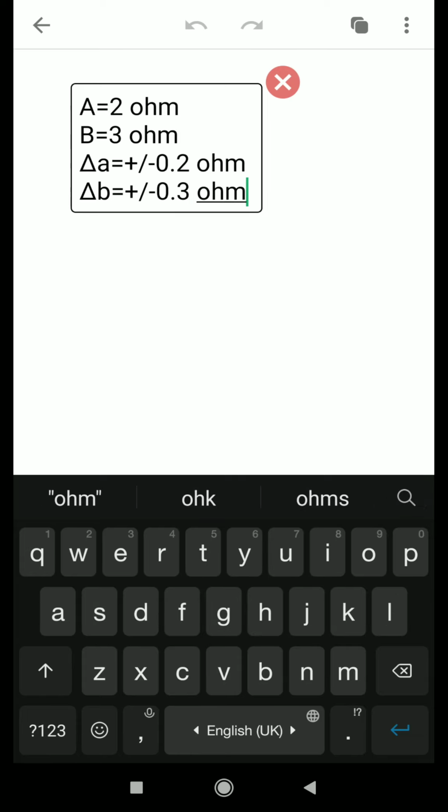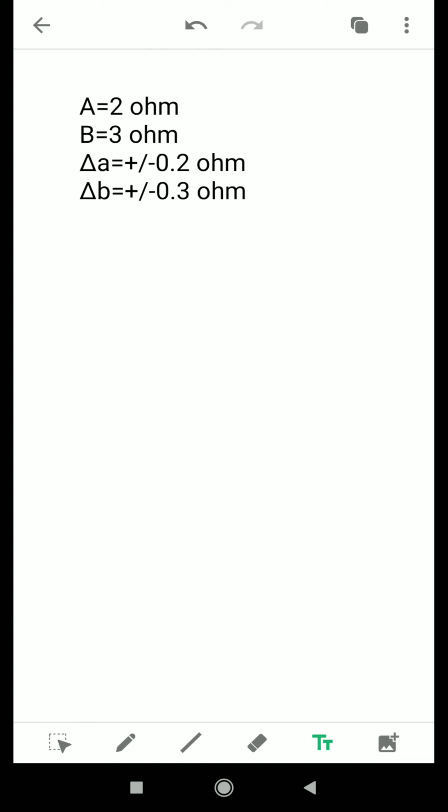Clear? So this is the question. Find the relative error in their parallel combination. Clear?